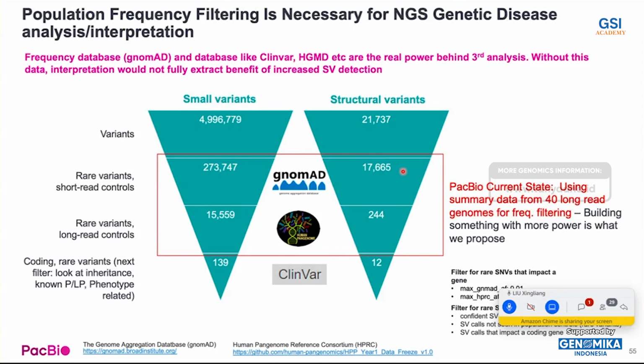The variants derived from our pipelines. That's why population-based databases like gnomAD or COSMIC for cancer genomics are quite important. But now there's a gap between short-read and long-read sequencing data: all of the mainstream population-based databases are based on NGS data, right? So based on short-read sequencing data.